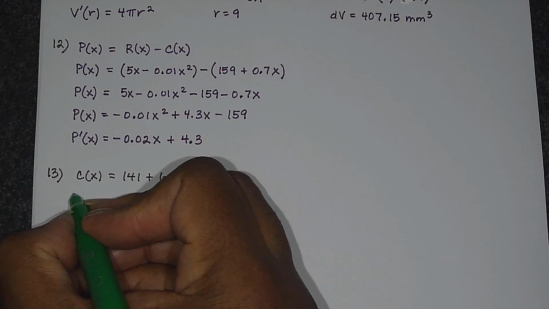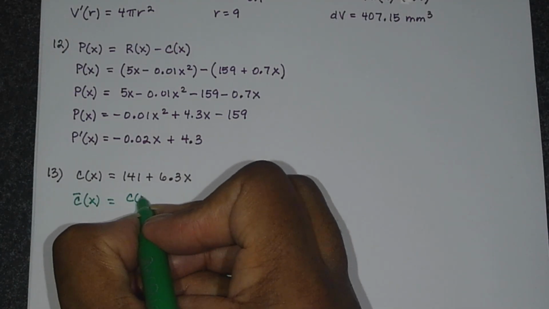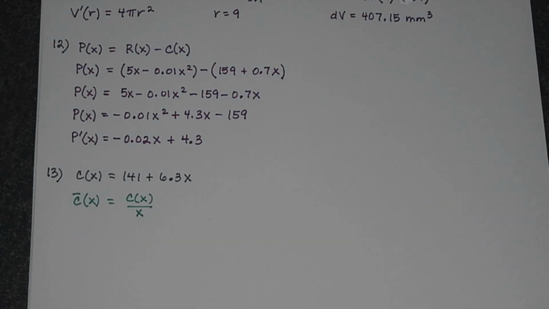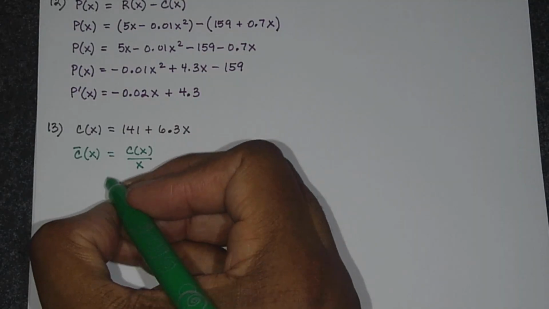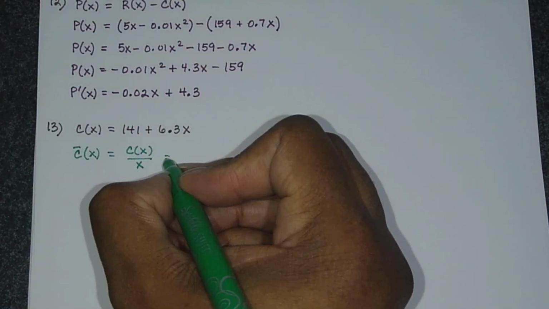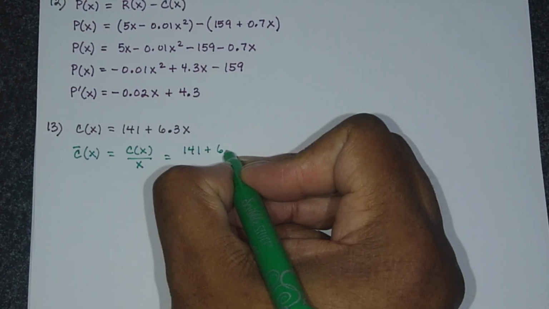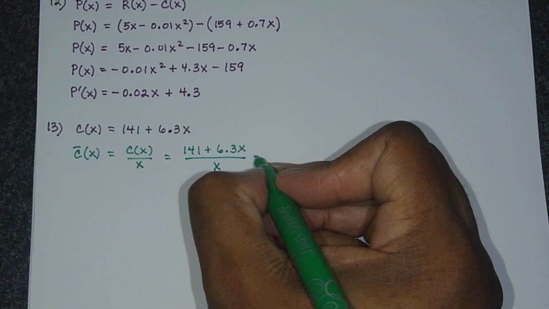So when you're finding the average cost, which is C bar of x, that's going to be your cost function divided by x. Which means by C of x, that's 141 plus 6.3x. All that's divided by x.